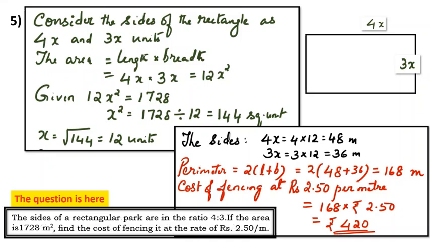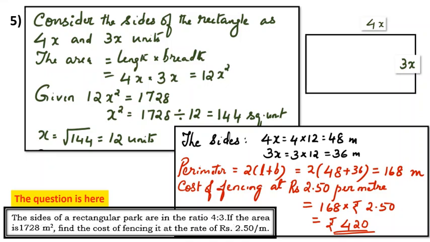It's not x. What you got is not x. Okay. So x is square root of 144. That comes as 12 units. x is 12 units. But that's not the end. When we see x is calculated, it's not the end. I did not get the length or breadth.